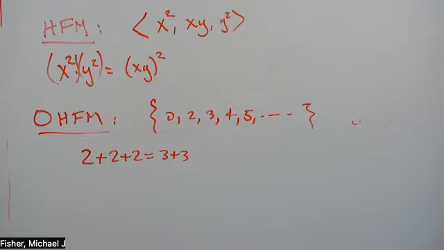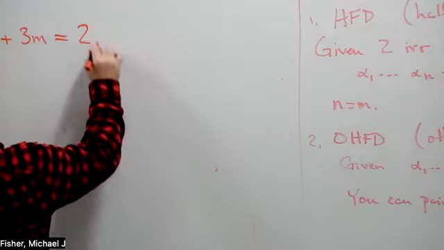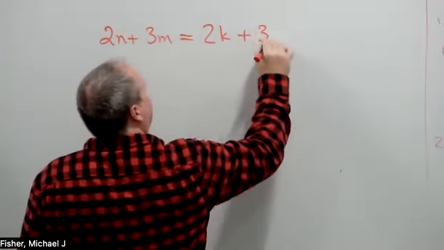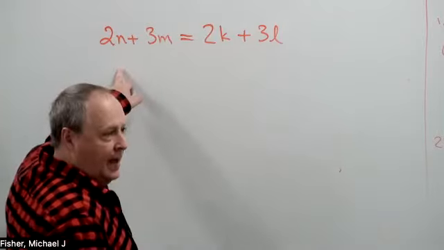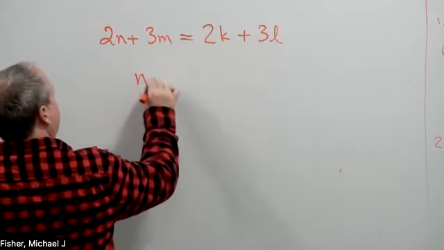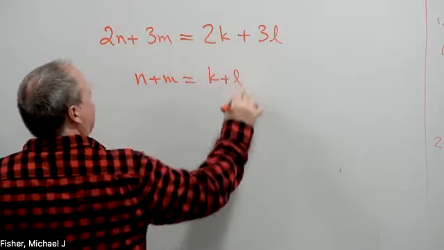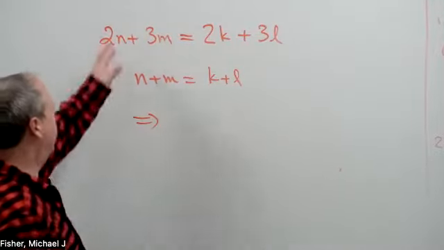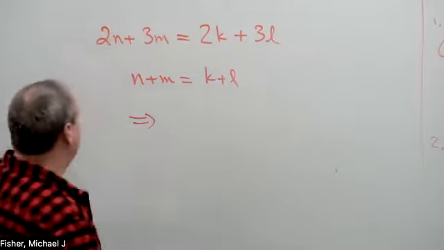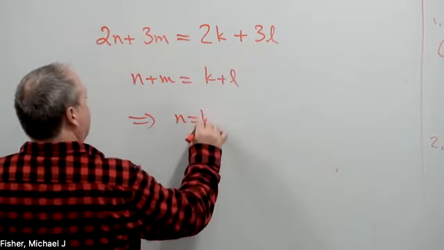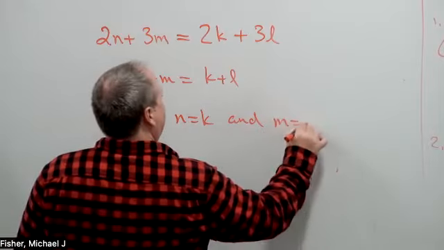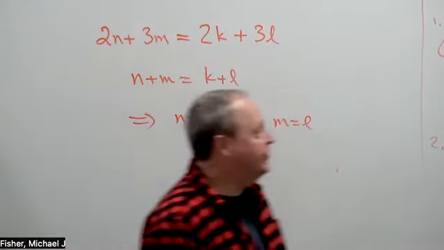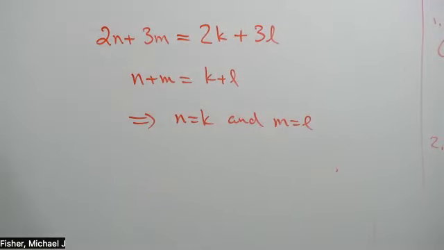So you have n copies of 2 plus m copies of 3, because those are the only 2 irreducibles in that monoid. And you have k factors of 2 and l factors of 3. And you want the lengths to be the same. So you also have n plus m equals k plus l. This is the equation that tells you the lengths are exactly the same. This implies, and I'll multiply this by 2, subtract, and you can go to town. You get n equals k and m equals l. So it's unique. So this is actually an other half factorial monoid.